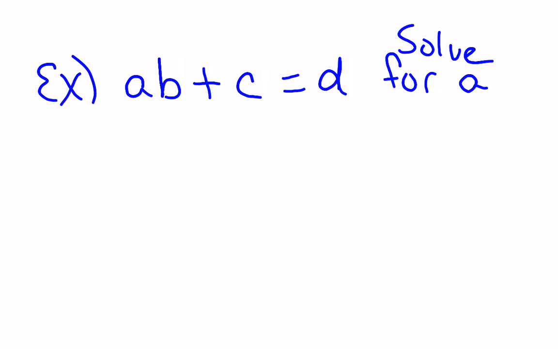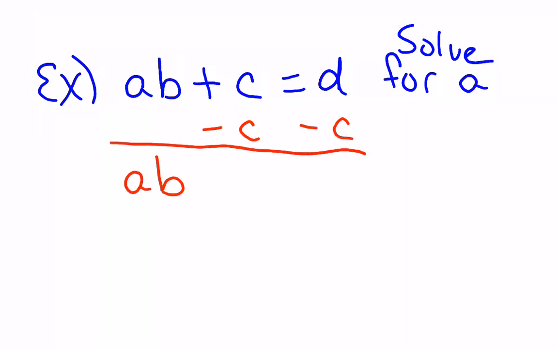Again, we rely on our skills for solving and we pretend that the b and the c and the d are constants. The first thing is I'd have to get rid of the c. It's kind of the dangling one. It's added, so again, we do the opposite of what's there. We're going to subtract c from both sides. We're going to have ab, c minus c is 0. And over here, we're going to have d minus c. Again, we just write them as they are.